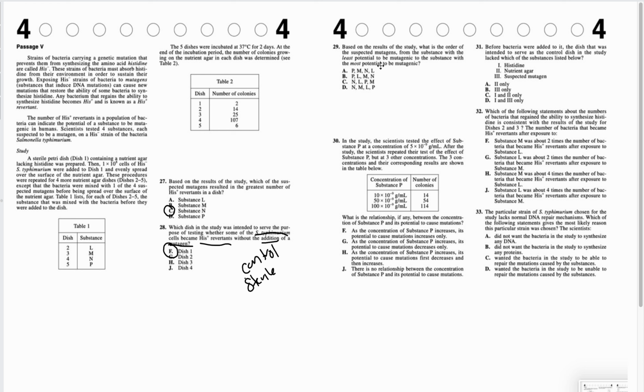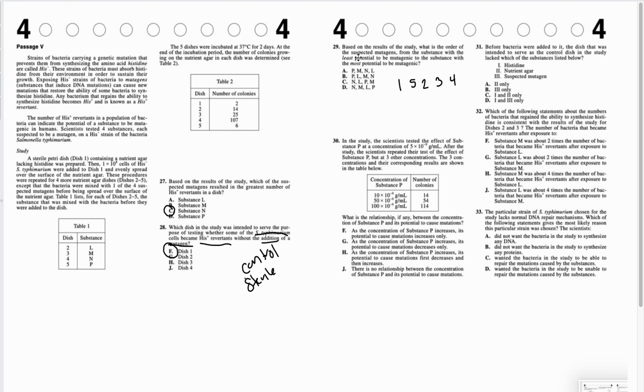Question 29. Based on the results of the study, what is the order of the suspected mutagens from the substance with the least potential to be mutagenic to the substance with the most potential to be mutagenic? I'm looking at the number of colonies. The least would be 2, so that'd be dish 1, then dish 5, then dish 2, then dish 3, and then dish 4.